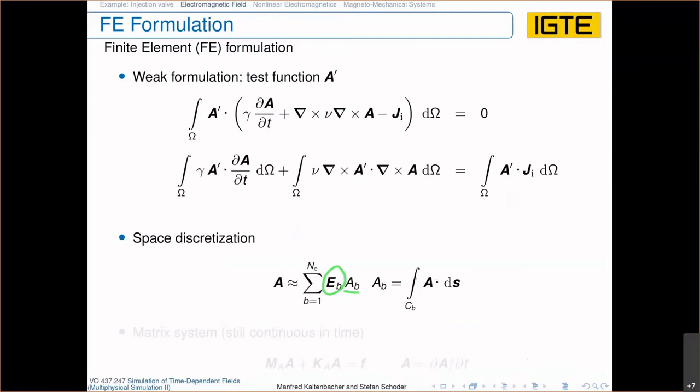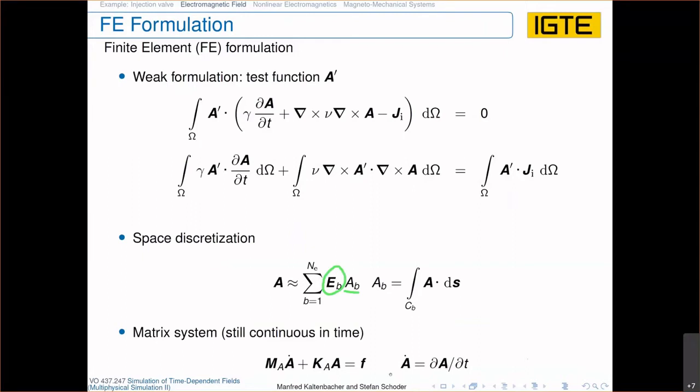Okay, so substituting this space discretization with such ansatz functions into our weak formulation, we come up to the matrix system where we now have the following system of ordinary differential equations in time. A dot means the partial derivative with respect to time of the unknowns along all the edges in our computational domain.